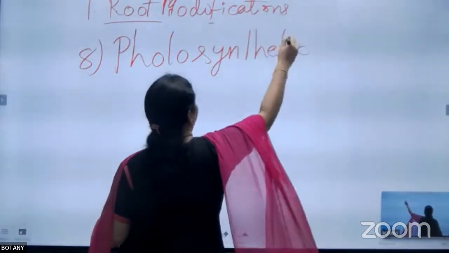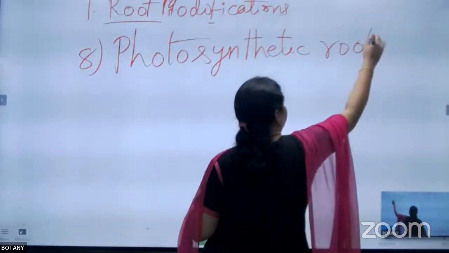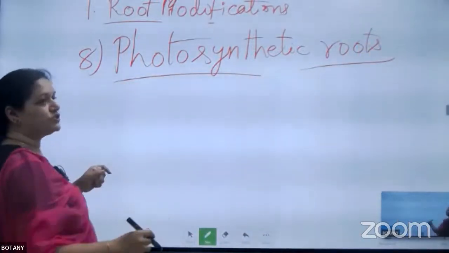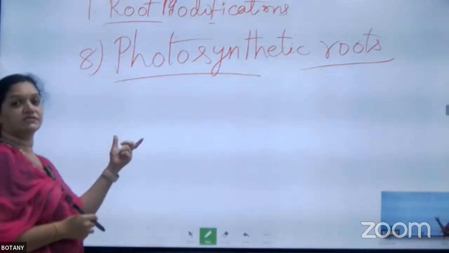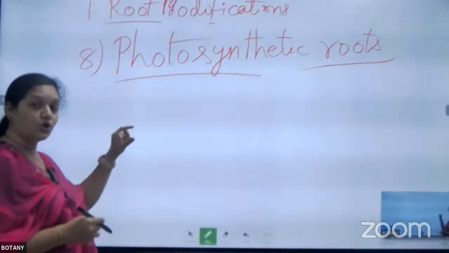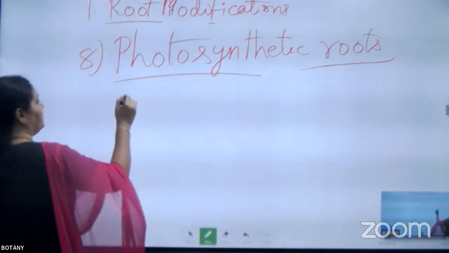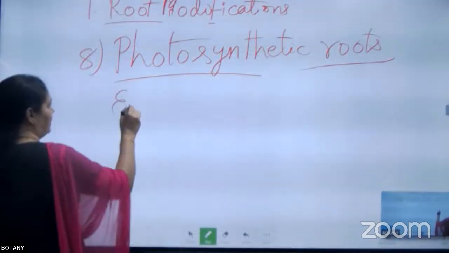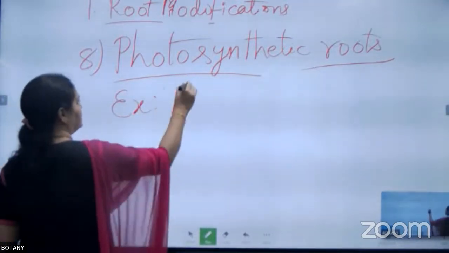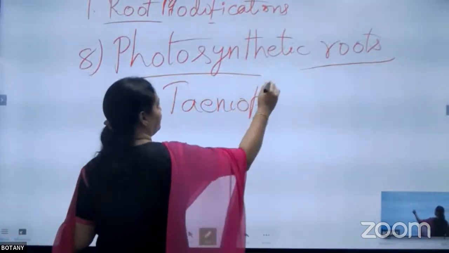What is meant by photosynthetic roots? The roots which will do the photosynthesis by attaining green color for it. That is called as the photosynthetic roots. And these roots will be growing above the soil. So the best example is Tinospora.